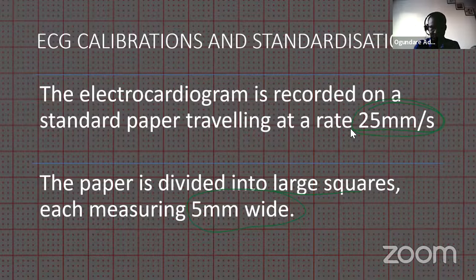So the standard speed is 25 millimeter per second. That's 25 millimeter in a second. And I've just said the paper is divided into large squares, and each large square is 5 millimeter wide. So my question is, how many large squares are we going to travel in a second? I'm waiting for your response.